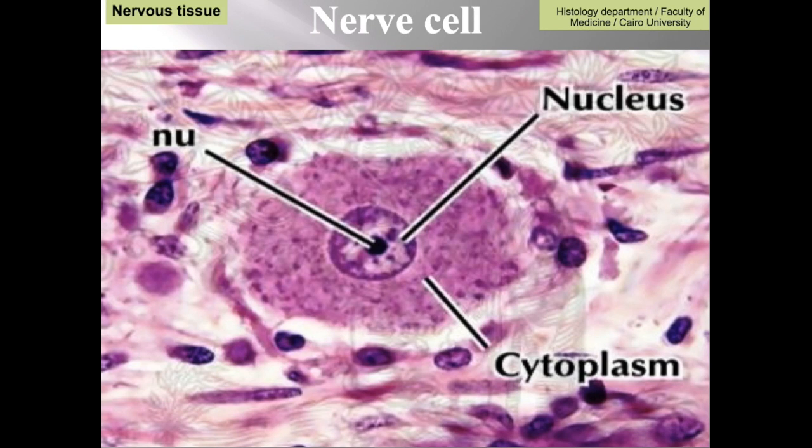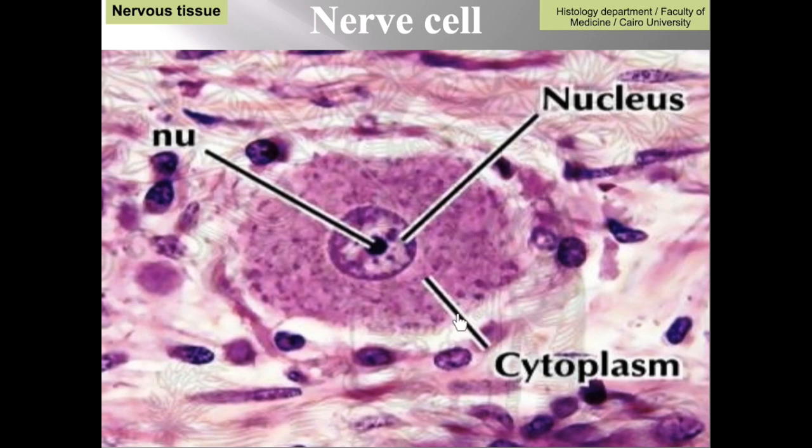This picture demonstrates the cell body or perikaryon of the neuron, together with other cells that are the neuroglial cells. And you see that the neuroglial cells are more than the nerve cells. Actually, they are 10 times more than the nerve cell number. Here we have the nucleus, and this is the cytoplasm.